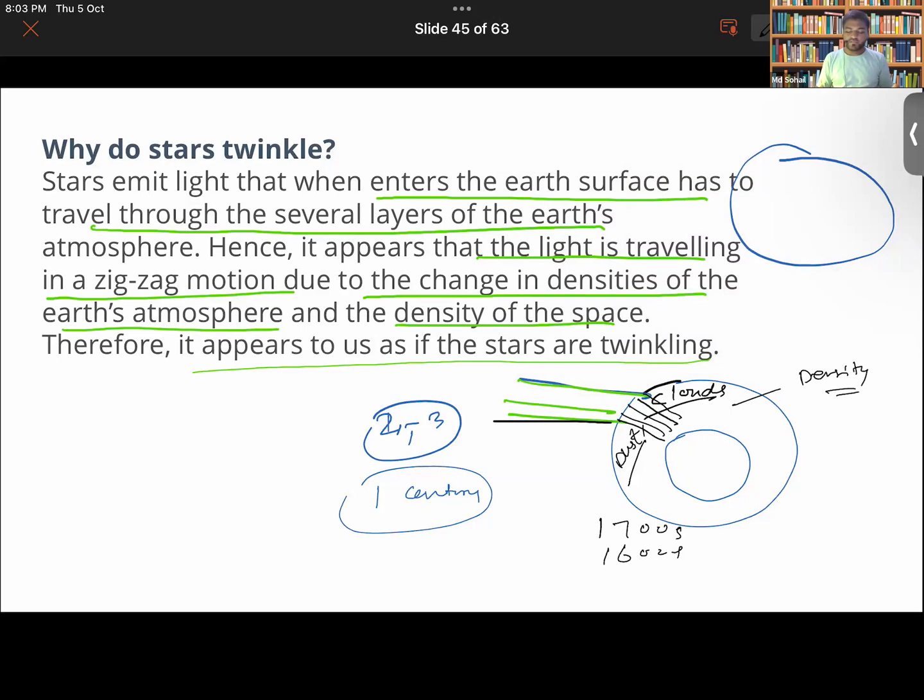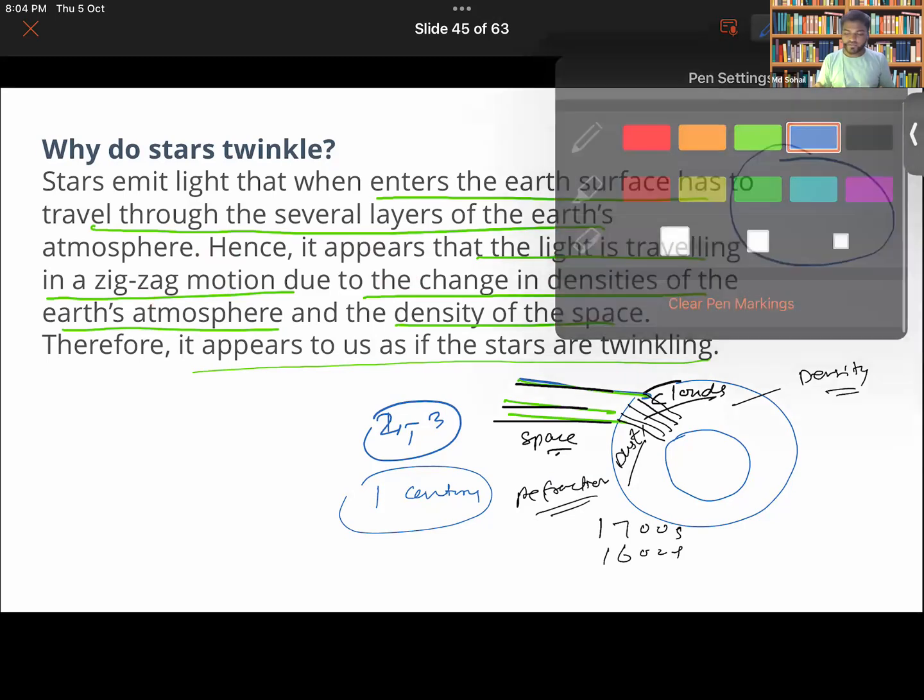All the way before it entered the atmosphere of the Earth, it was basically traveling in space. Now the light encounters dust particles and the gases of the atmosphere. Thereby, refraction happened here. Basically, the light rays have bent here. So as it moves through the Earth's atmosphere, light now starts to travel in a zigzag motion. It's not like this.